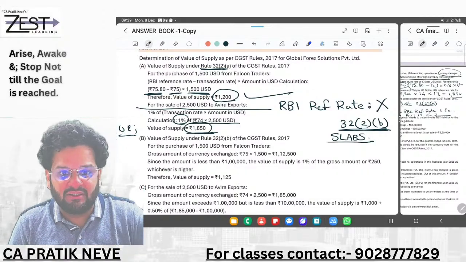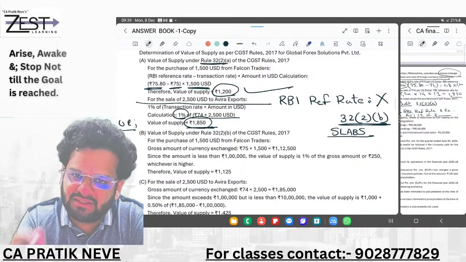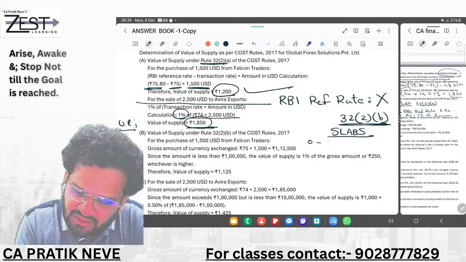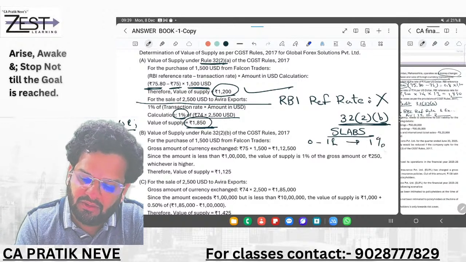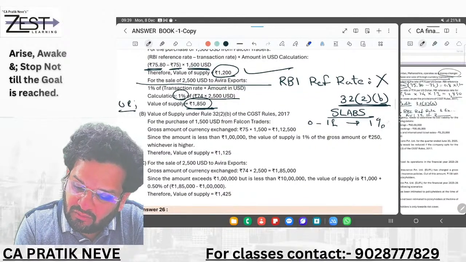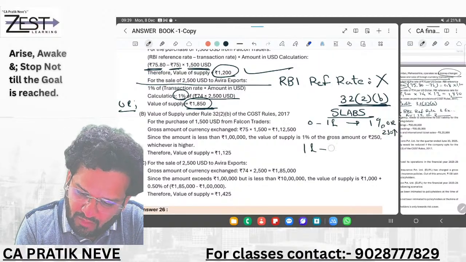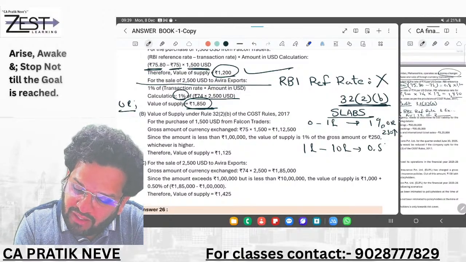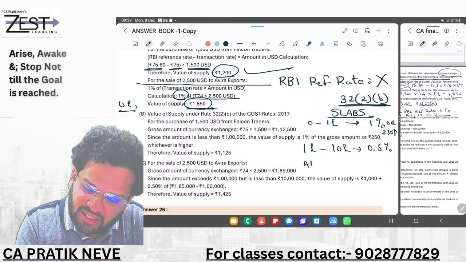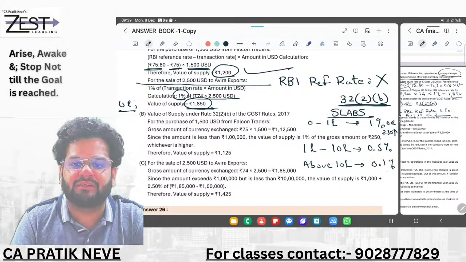If your currency exchanged is between 0 to 1 lakh, then 1% of that, or 250, whichever is higher; between 1 lakh to 10 lakh, at 0.5%; and above 10 lakhs, at 0.1%.